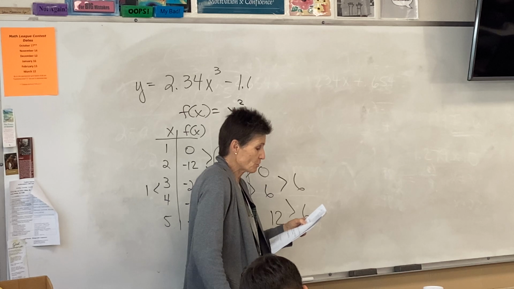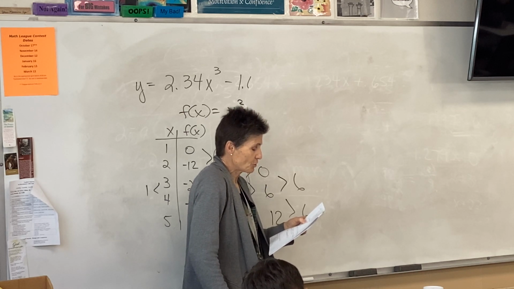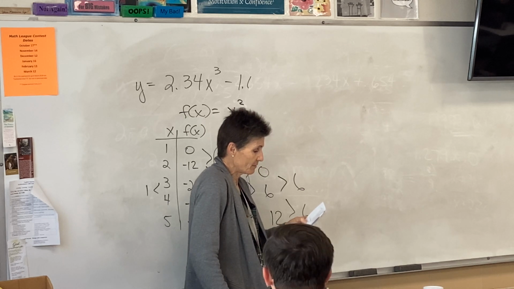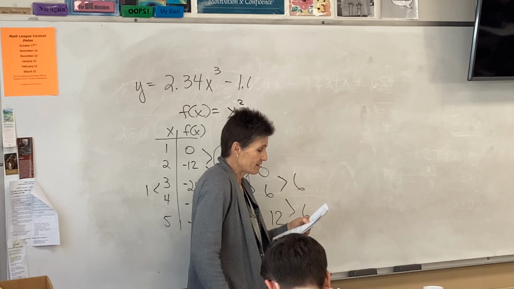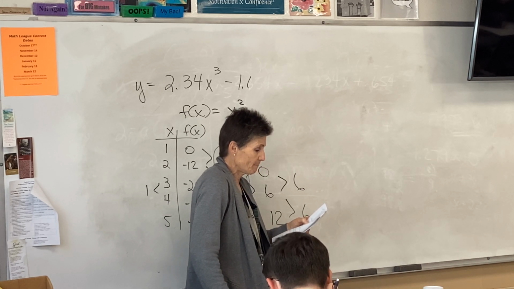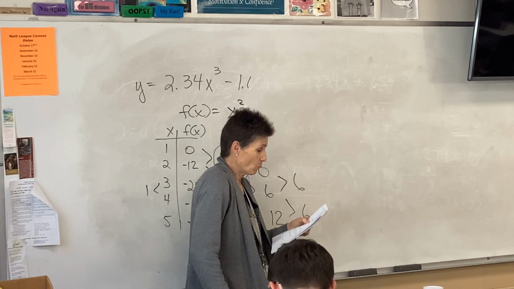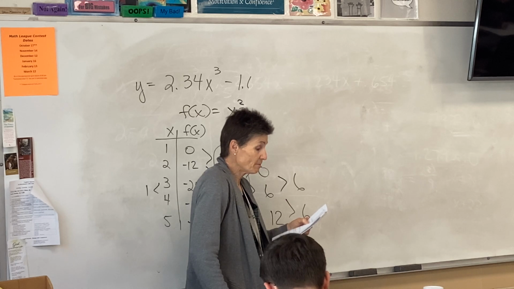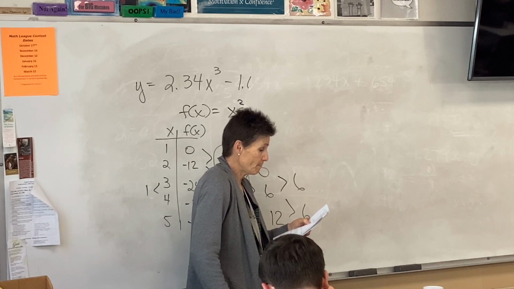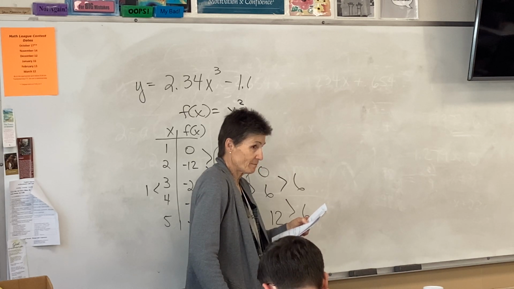Relative min, my picture's a little sloppy, when I connected those two, I was supposed to connect them there on the left. So I'm gonna have a relative min at x equals negative 3. And I also have one at 5. So I have 2 of them. Everybody good? Negative 3 and 5.